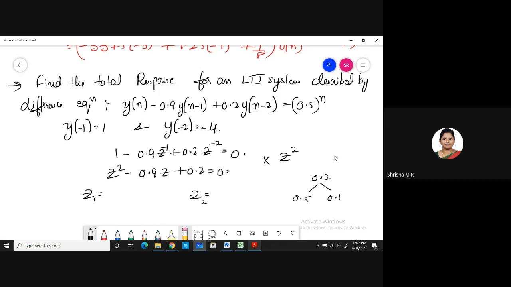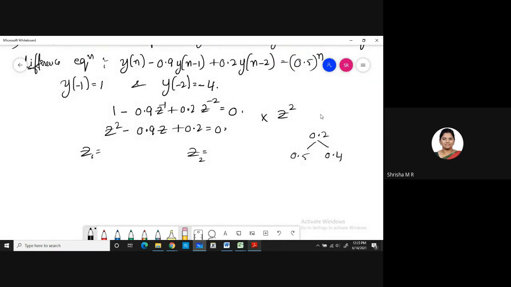0.5 and 0.4. Correct? Z square minus 0.5 z minus 0.4 z plus 0.2 is equal to 0.